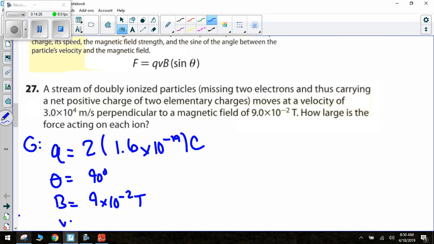We got V is equal to 3.0 times 10 to the 4th meters per second. What's our unknown? How large is the force? What is our equation?